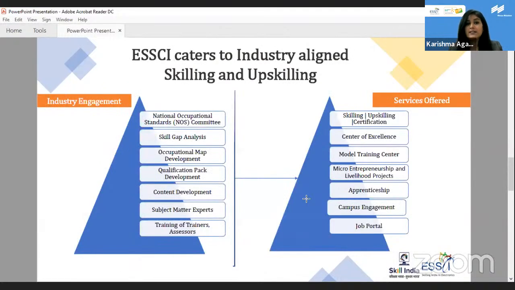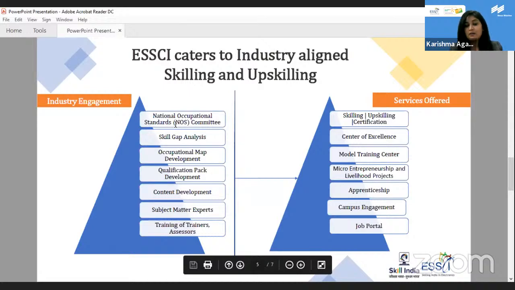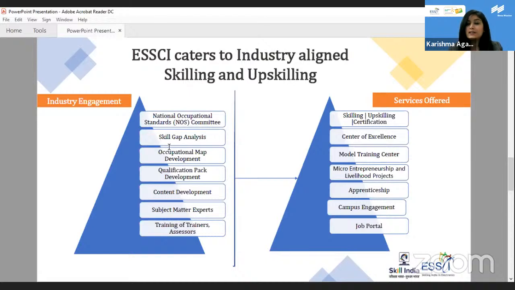So how is ESSCI catering to industry-aligned skilling and upskilling? Here two perspectives are there. One is industry engagement, and what activities and services we are offering to industry along with it. First, we are doing market research. We form committees which are represented and led by the industry, where we do skill gap analysis and demand aggregation.